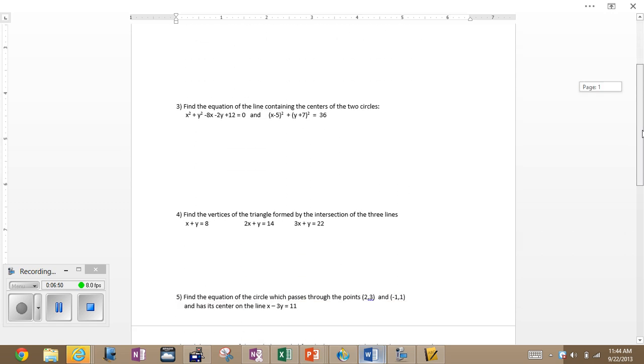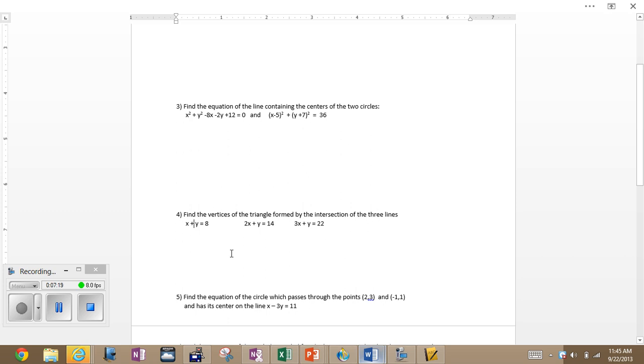Here is a problem for us to determine where these three lines intersect. Well, you take them in pairs, because the intersection of these three lines is forming a triangle. So obviously you want to find the point of intersection between sets of two.